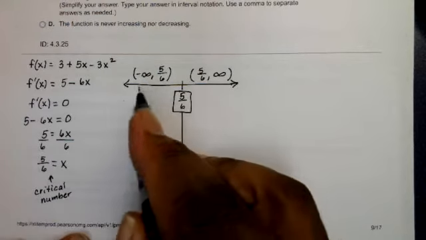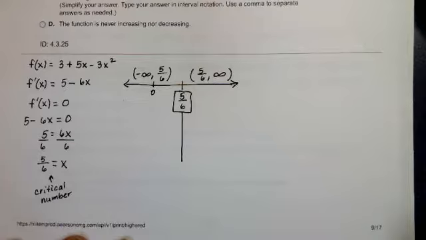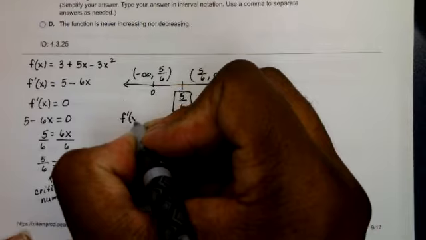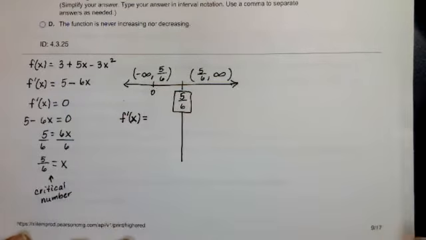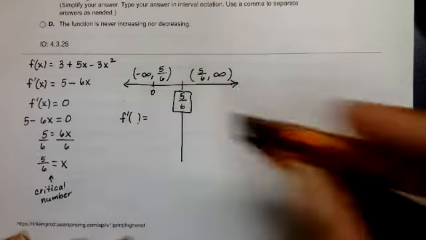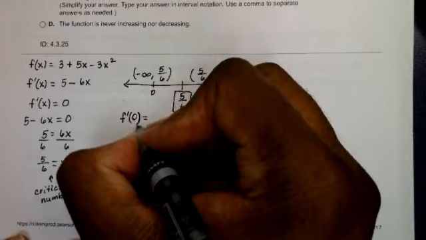For negative infinity to 5/6, I picked 0, because I know 0 is less than 5/6, and that's an easy number to work with. So I'm going to substitute the x in f prime of x with 0. So this will be f prime of 0.